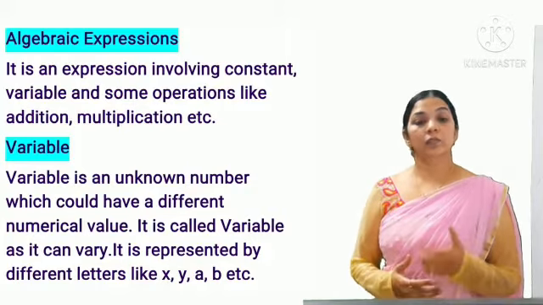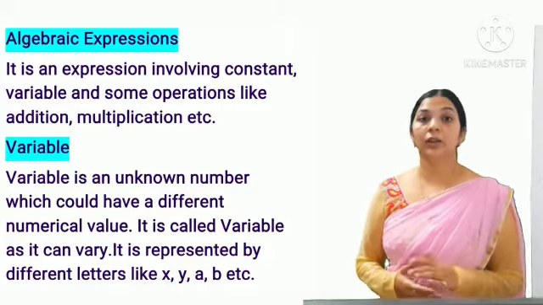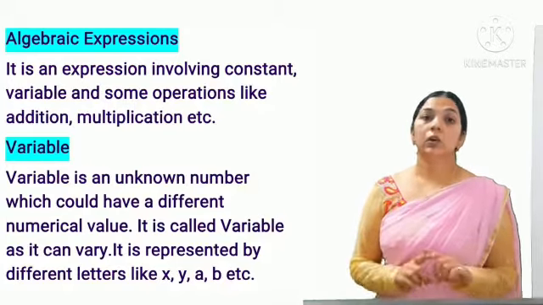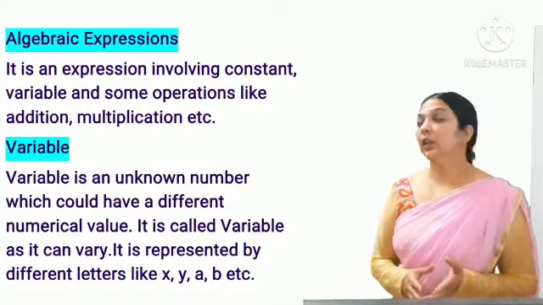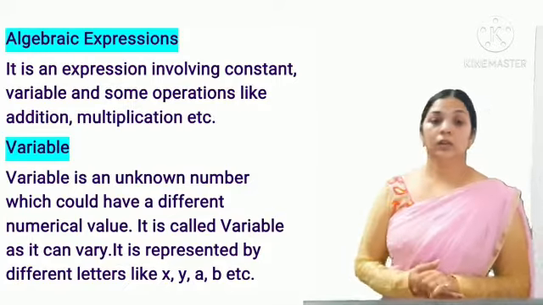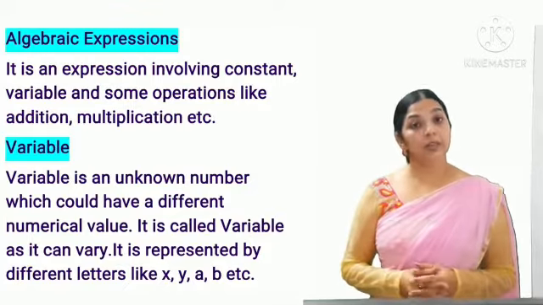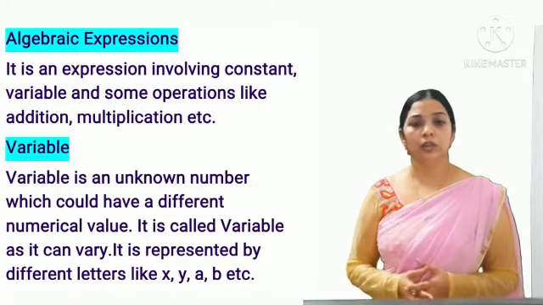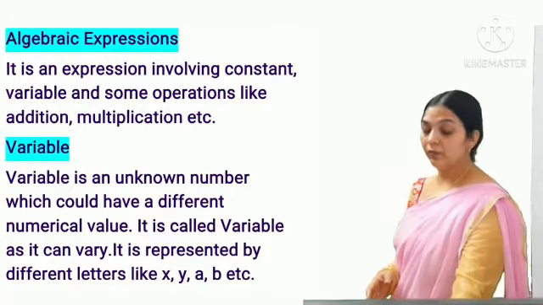It is called a variable because it can vary, meaning its value keeps changing and it affects the whole expression. It can be represented by different letters, for example x, y, z, a, b, c and so on. These are all known as variables.